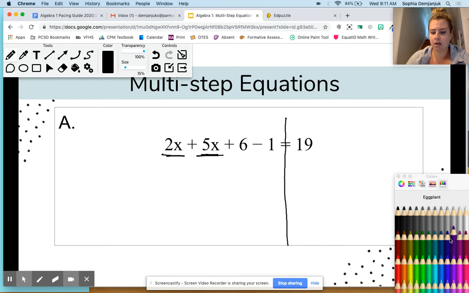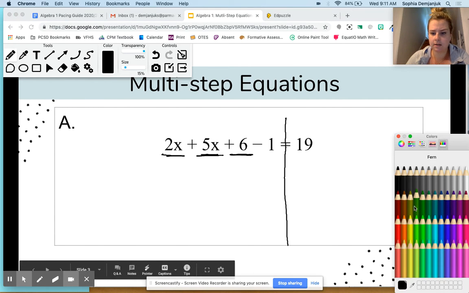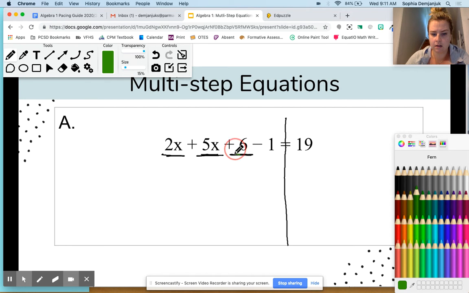And I have two different pieces that are constants.